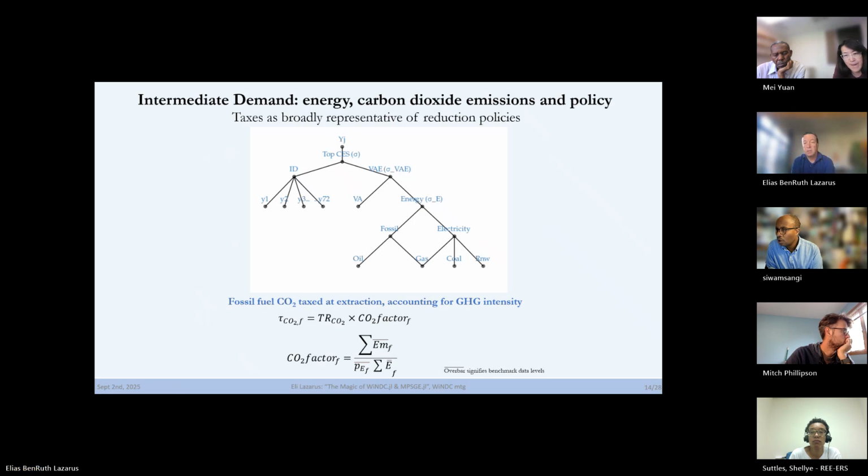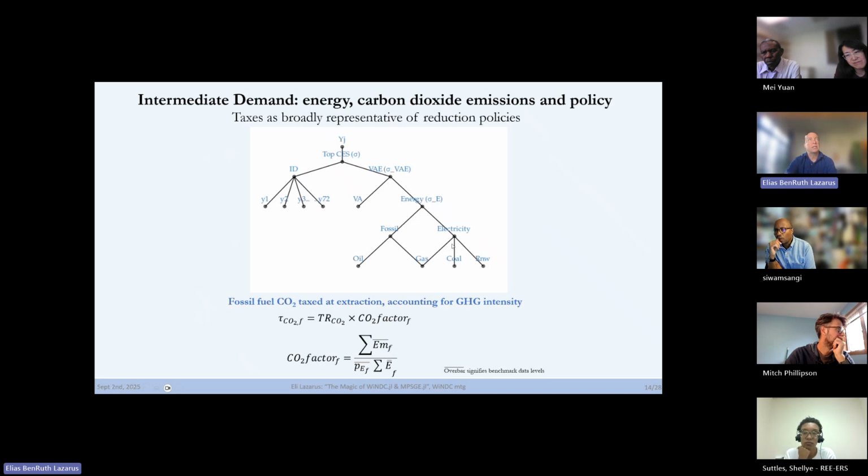Yeah. So in this production structure, why wouldn't you have fossil and renewable being the ones that feed into energy, as an alternative? Oh, I do. This is slightly simplified. I do have a nest between these.